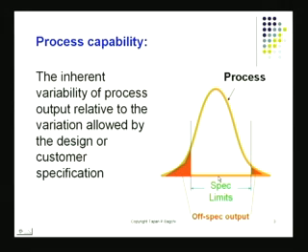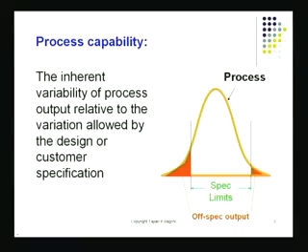Unfortunately, as customers, we have our specific requirements. These requirements are communicated and captured by market research, and they are what we call specification limits. This is the tolerance band within which the product would be treated as okay, and if it goes beyond that band, the product would be considered off spec.